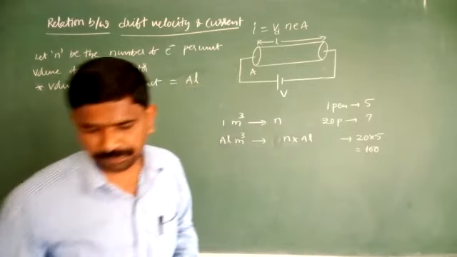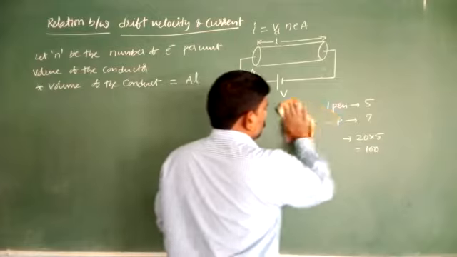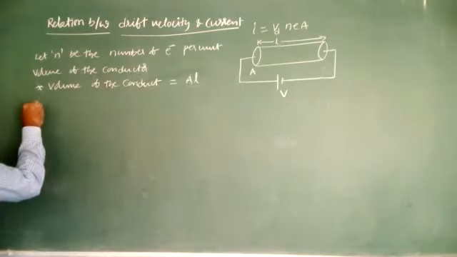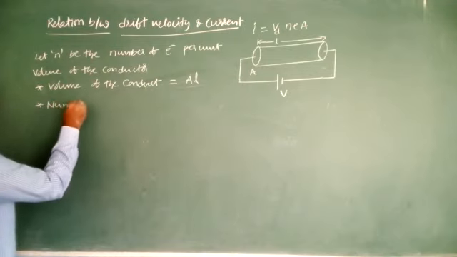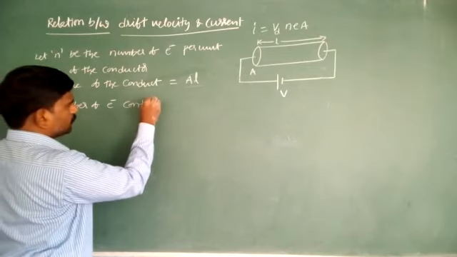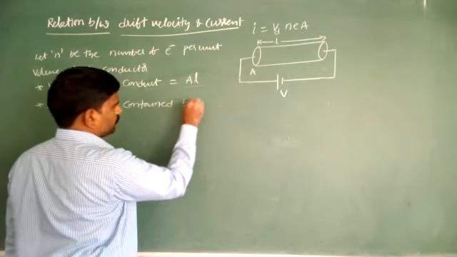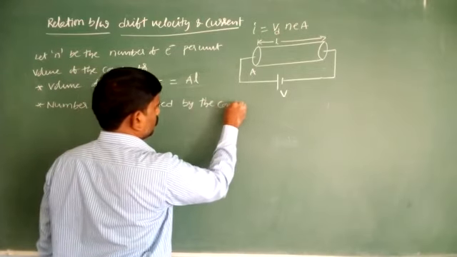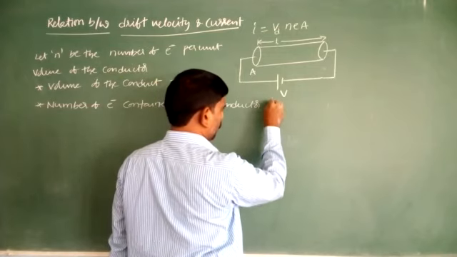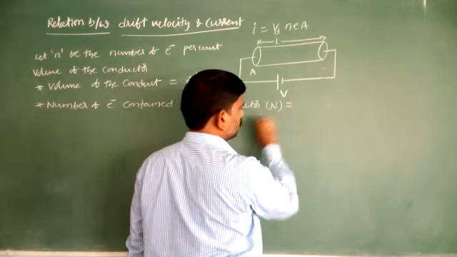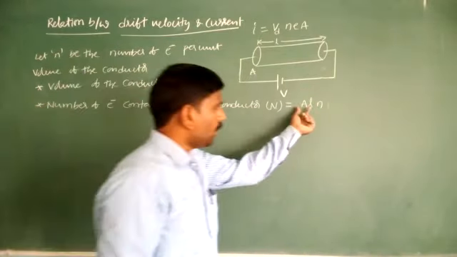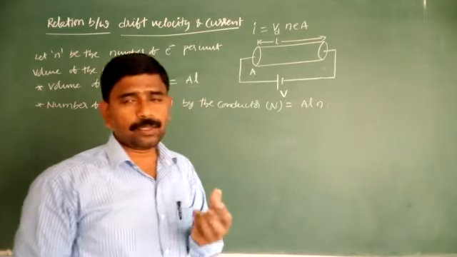So the number of electrons contained by the conductor, capital N, is equal to A into L into N. ALN: volume into the number of electrons per unit volume.